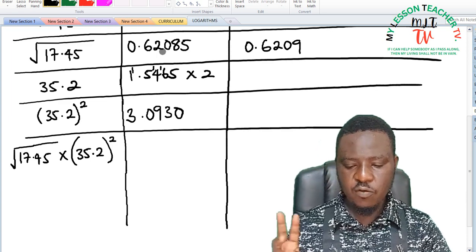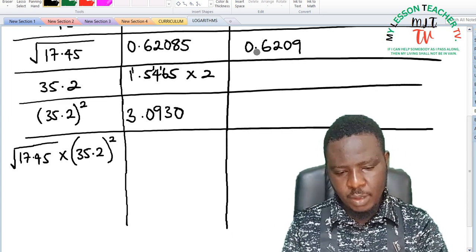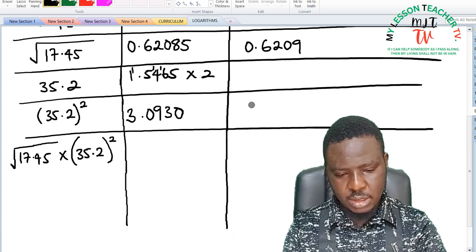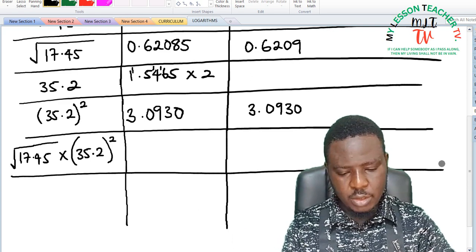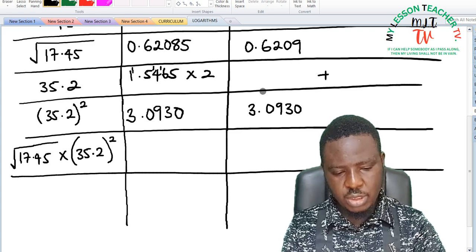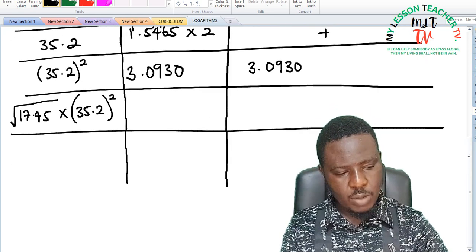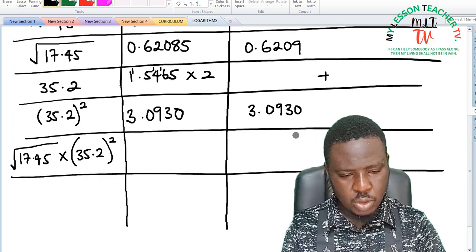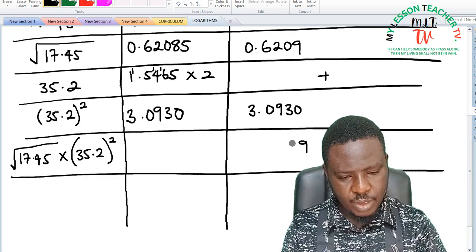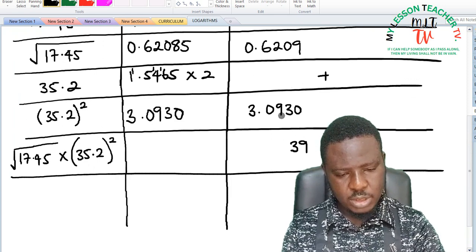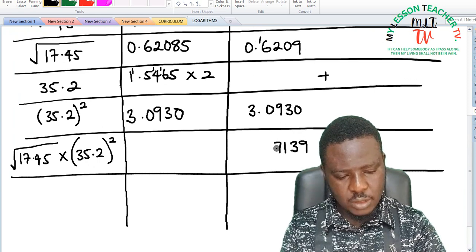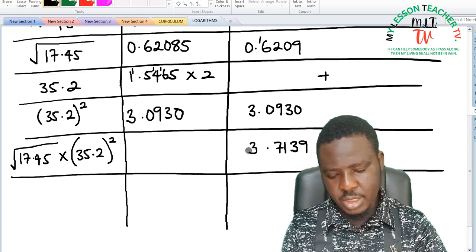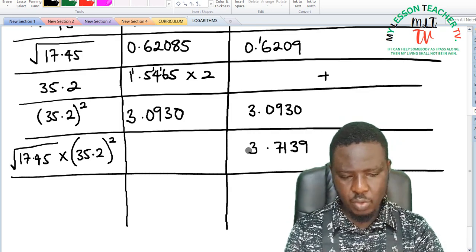I have to approximate this to 4 places of decimal, while this is 3.0930. So multiplication in number is equivalent to addition in log. So I'm going to add these two. This is 9, 3, 9 plus 2 is 11, 6 plus 1 is 7, 0 plus 3 is 3. So I have gotten the numerator.